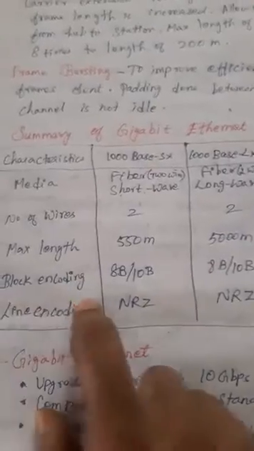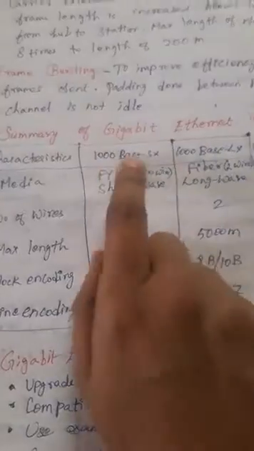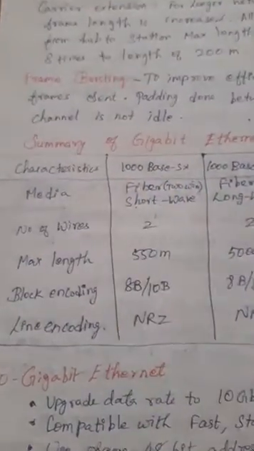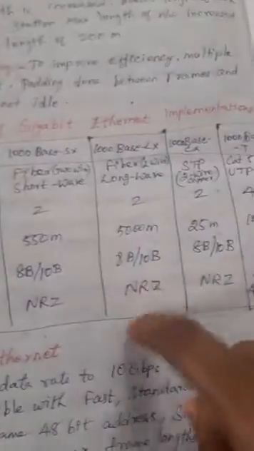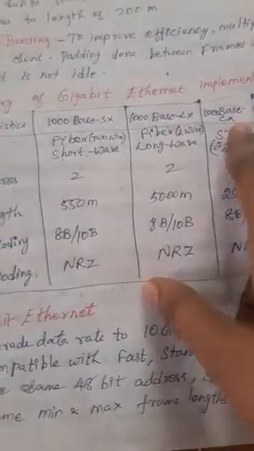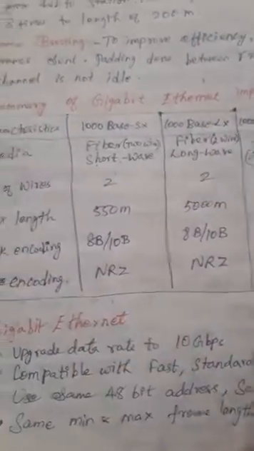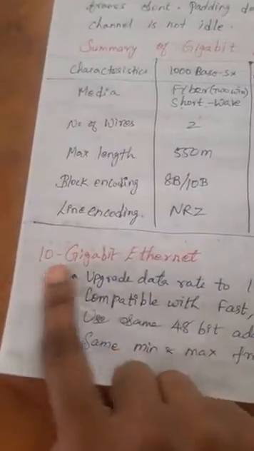Block encoding is used: all three, SX, LX and CX, use the 8B/10B block encoding method. For line encoding, SX, LX and CX use the NRZ encoding technique, but 1000Base-T uses 4D-PAM5.